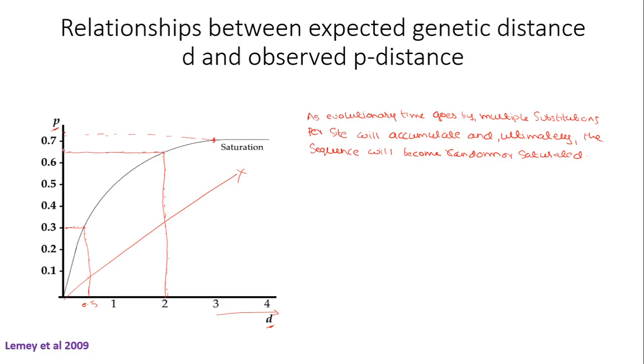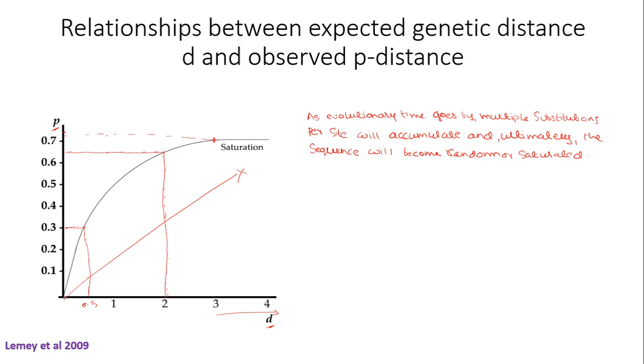The saturation is observed here at a p value of 0.7, where there is no apparent change in the p value even if the genetic distance increases. In such a case, we say that the sequence has become random or acquired saturation.